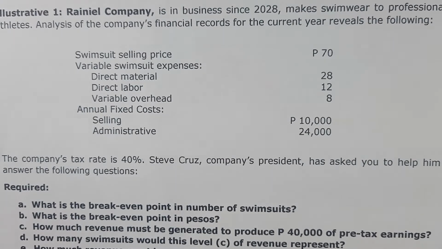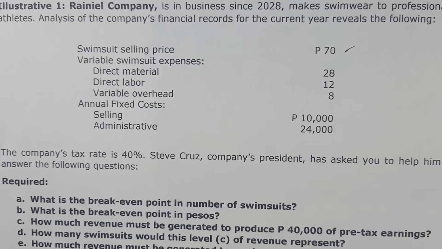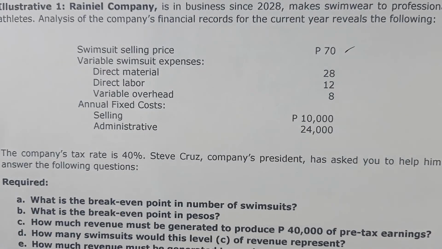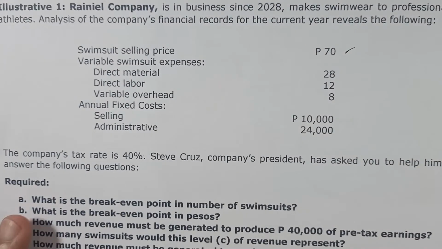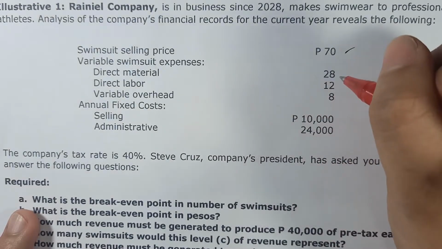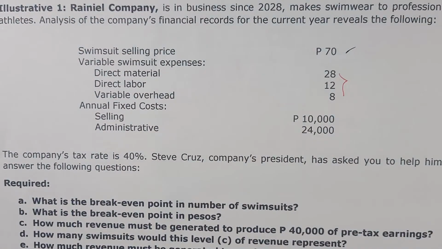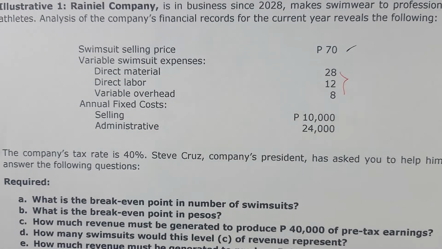Analysis of the company's financial records for the current year reveals the following. So selling price per swimsuit is equal to 70 pesos. Next, variable swimsuit expenses, meron tayong direct material, labor, and overhead. That's 28 plus 12 plus 8. Or, this is equal to magkano yan, guys? This is equal to, wait lang. Nasaan na ba yung calculator ko?